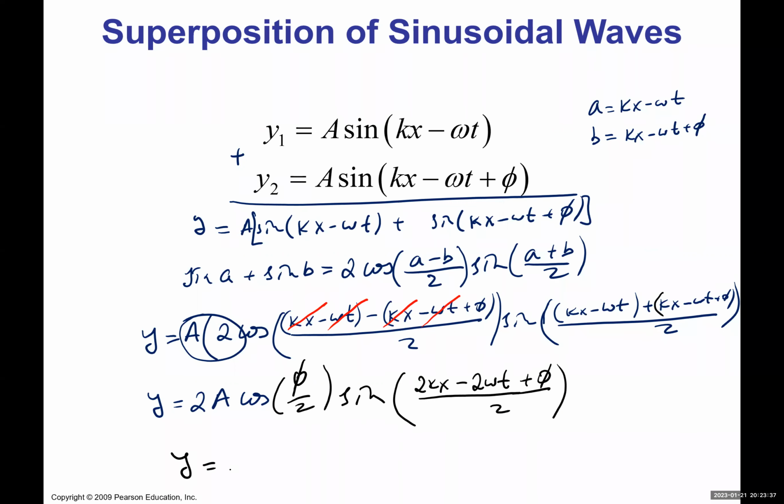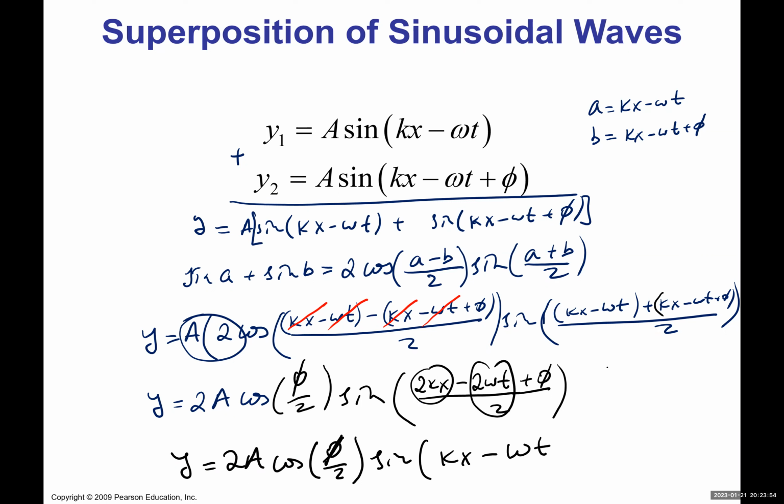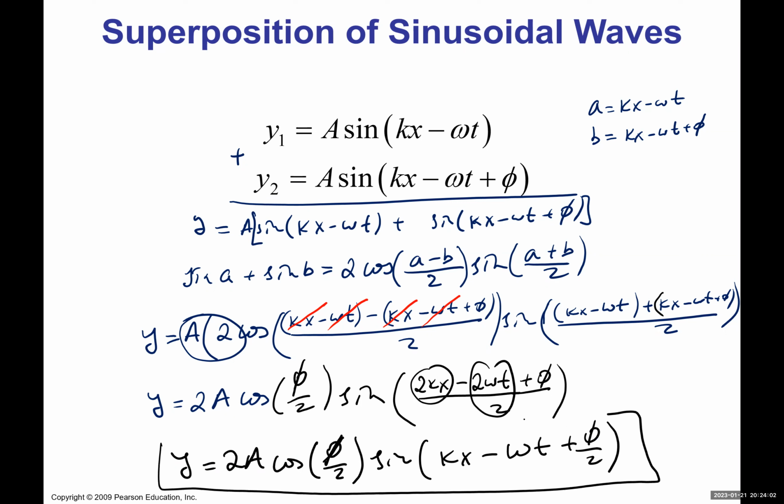So finally we have 2A cosine(phi over 2) times sine. This term divided by 2 gives me kx, the second term divided by 2 gives omega t, and finally the third term divided by 2 gives plus phi over 2. And that will be our final expression for the superposition of the sinusoidal waves.